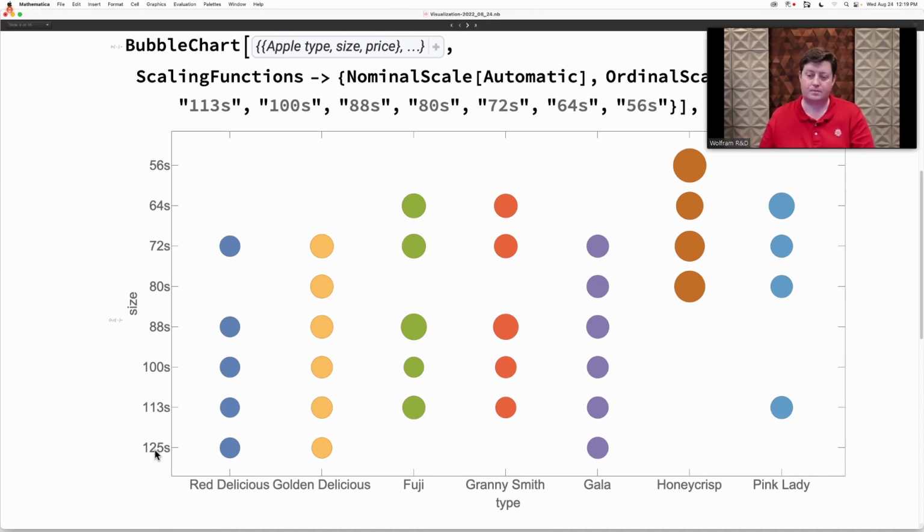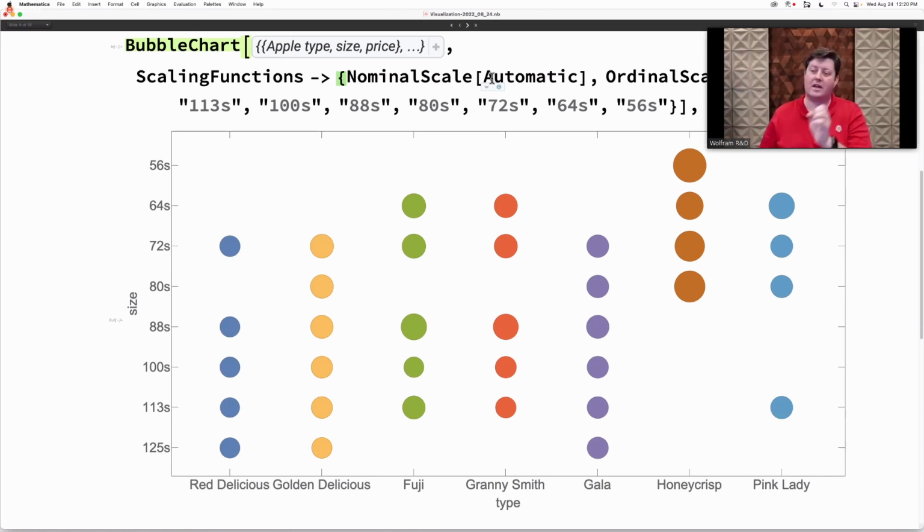And so that's an ordinal scale. These are going from smaller apples to larger apples. And the difference in how you deal with them is really not that much. The main difference at the moment is that if you have a nominal scale, you can just say this scaling function is a nominal scale.